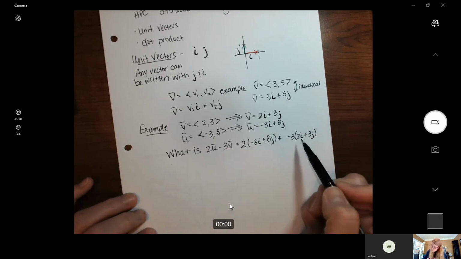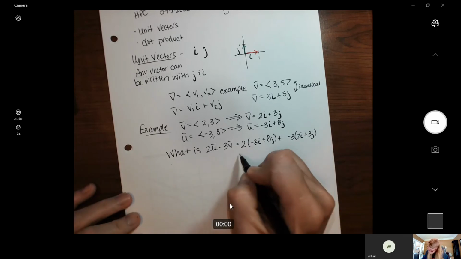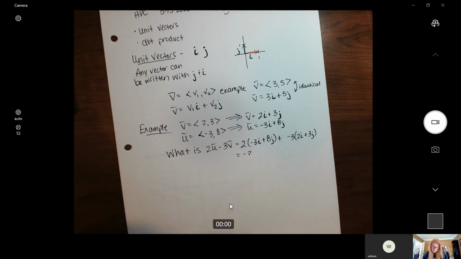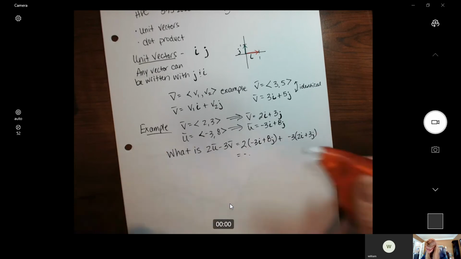And so you would distribute and then combine like terms. It is like the i and the j are just two variables. So this would be -6i plus 16j. Let me fix that.